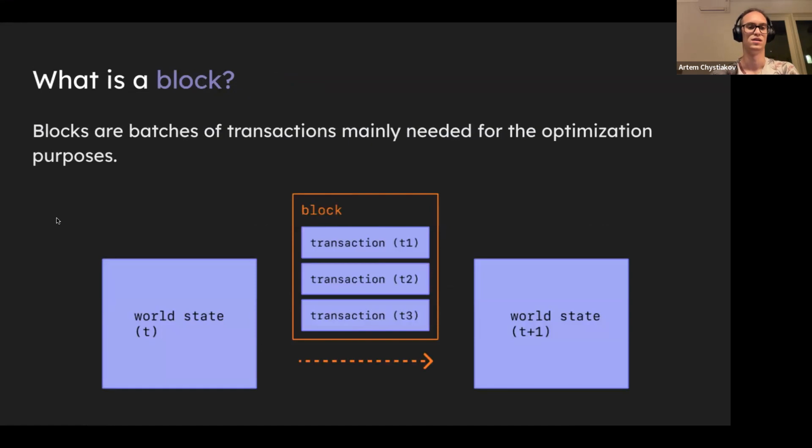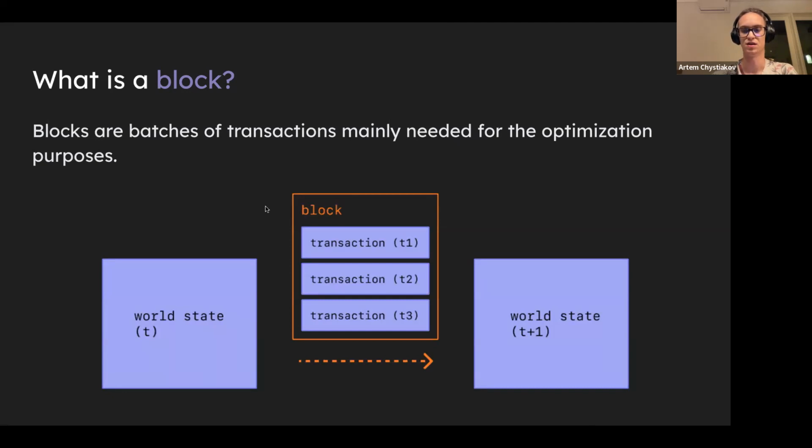Okay, so enough with transactions. Let's take a look at the blocks. So actually, blocks are just batches of transactions that are mainly needed for optimization purposes.